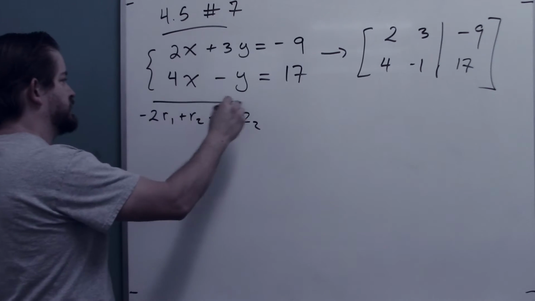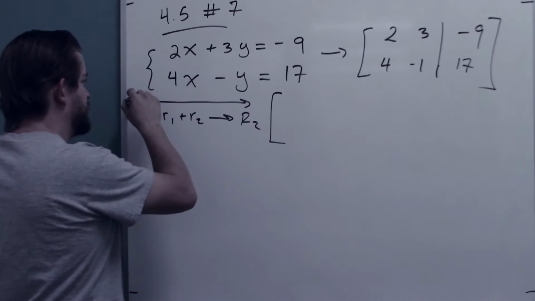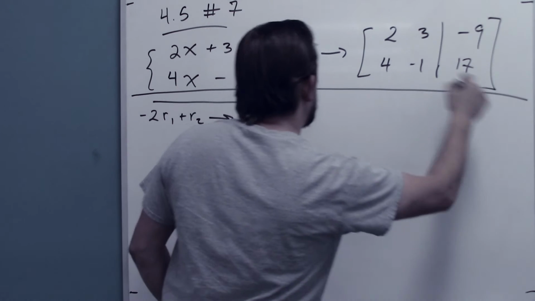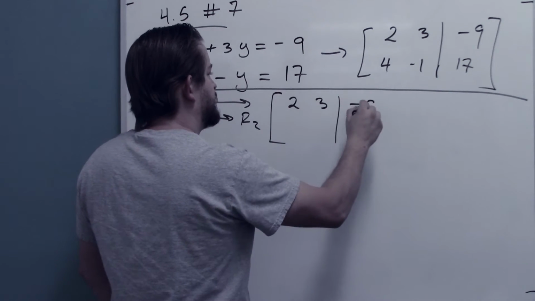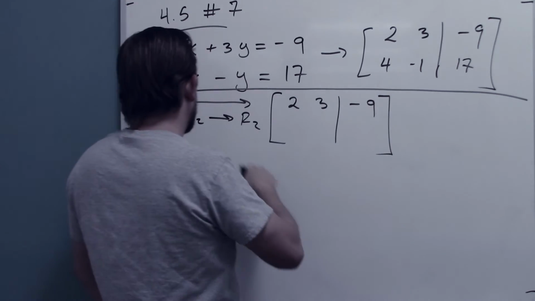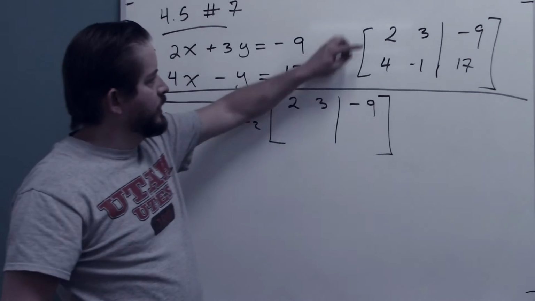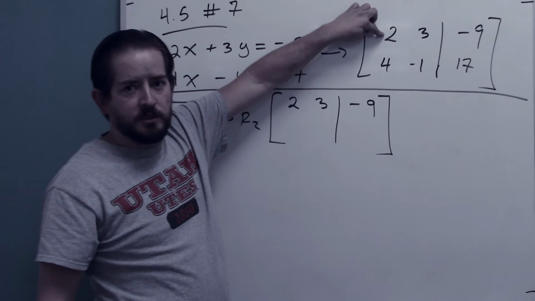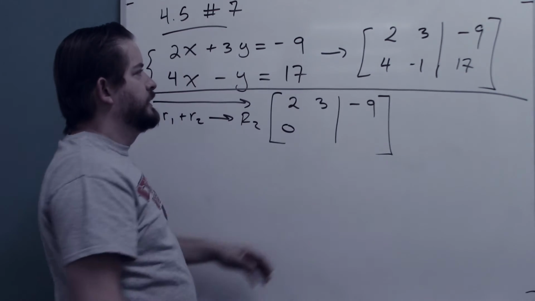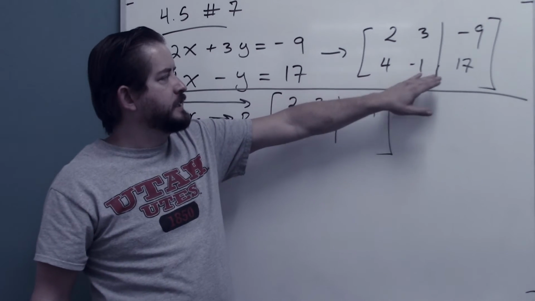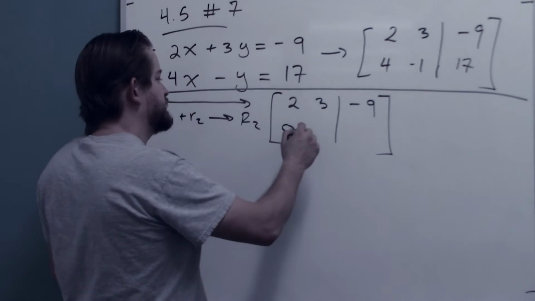And then row 1 is just going to stay how it is. So row 1, leaving it alone, 2, 3, negative 9. Negative 2 times row 1 works because I've got negative 2 times 2 is negative 4, plus that 4 gives me 0. Negative 2 times 3 is negative 6, and another negative 1 gives me negative 7.